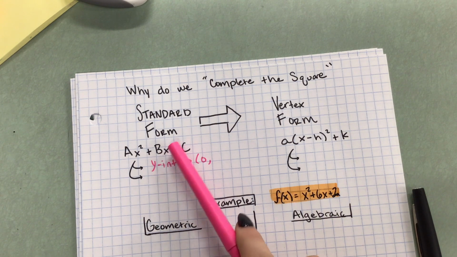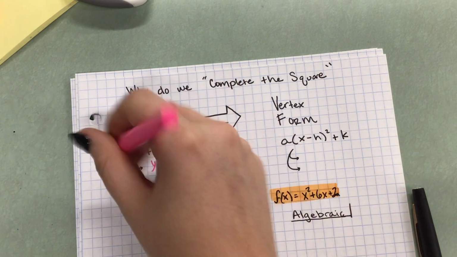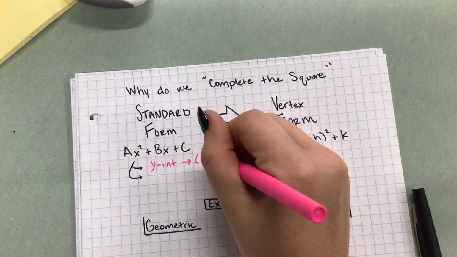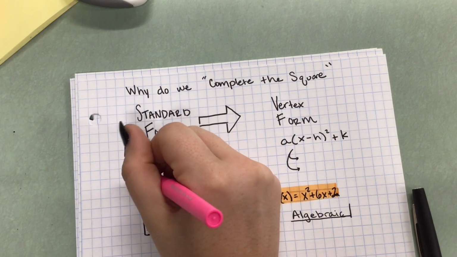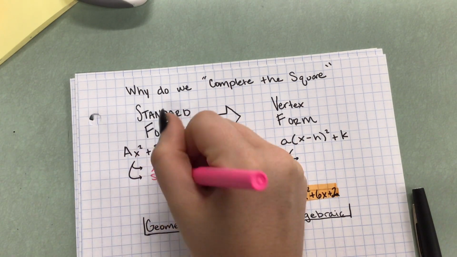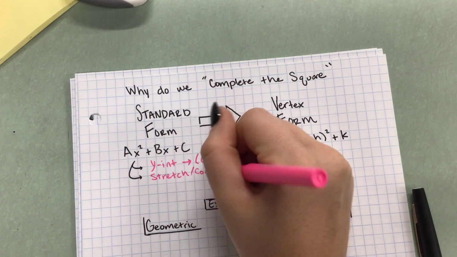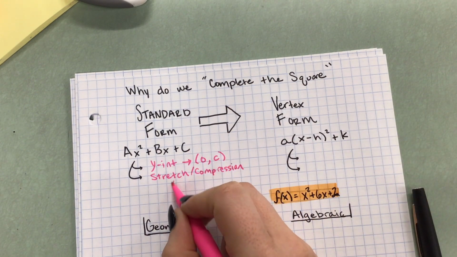If we plug in 0 here, it cancels it out. And we're left with just a c value. So in this format, that last term that has no letters next to it is going to be your y-intercept. It also tells us our stretch or our compression. And that comes from our a value.